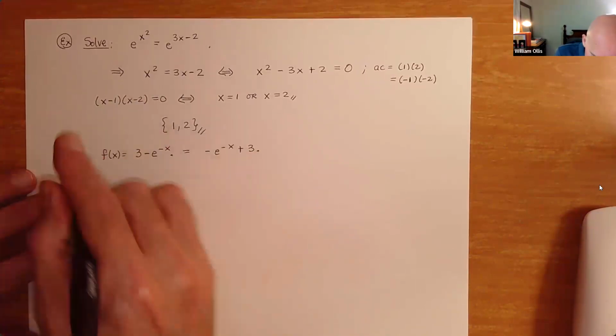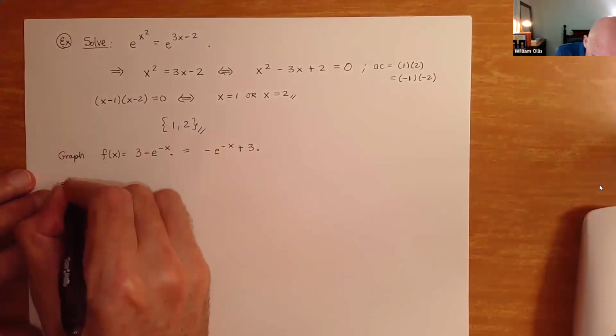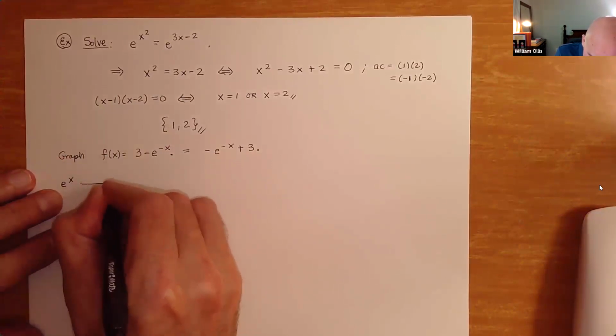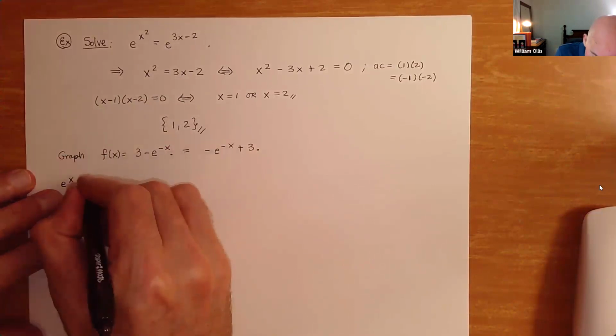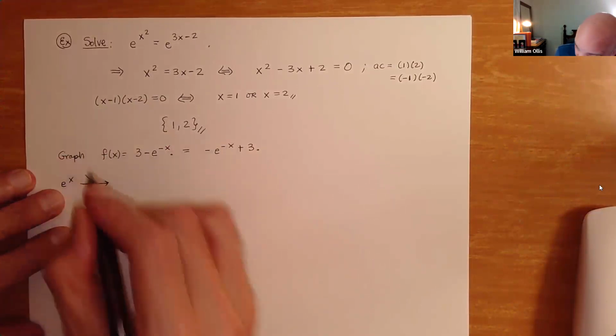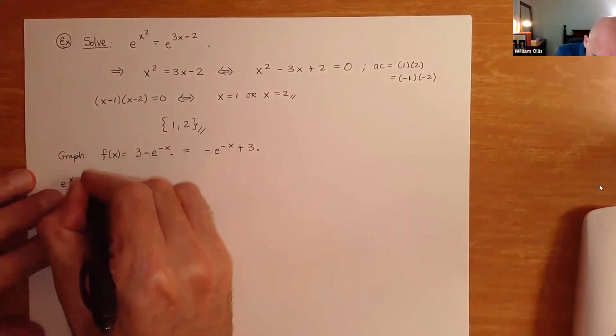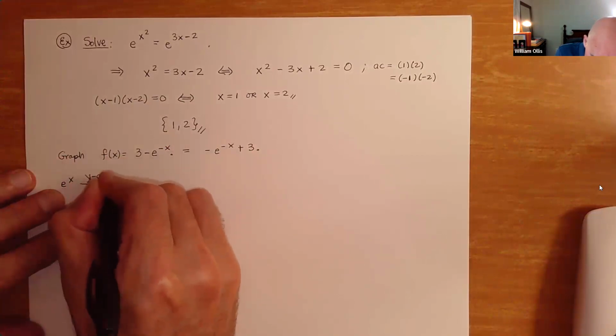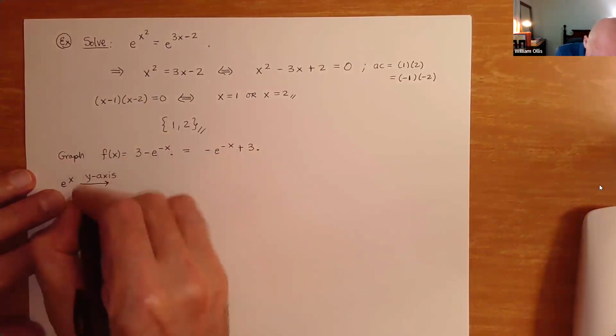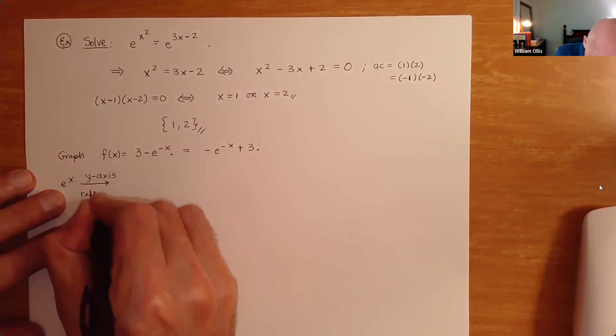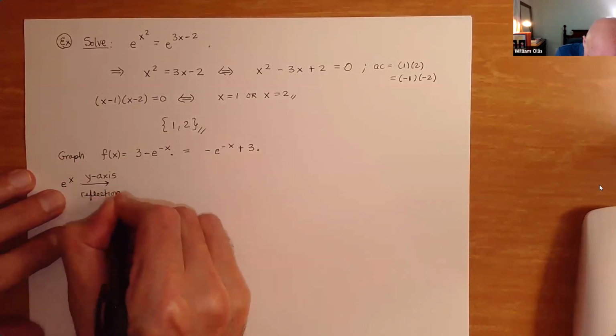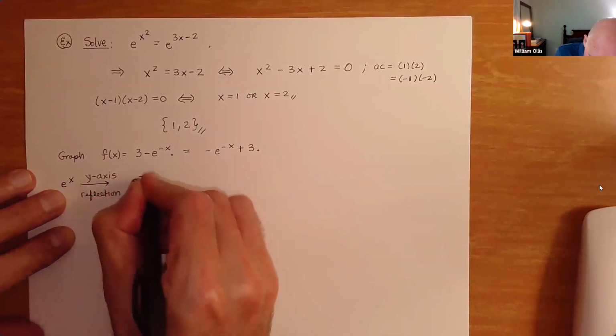So let's apply this. We have our parent function e to the x, and then we can do the x-axis. Oh, excuse me, let's start with the y-axis reflection. Just replace x with the negative. So this gives us e to the negative x.